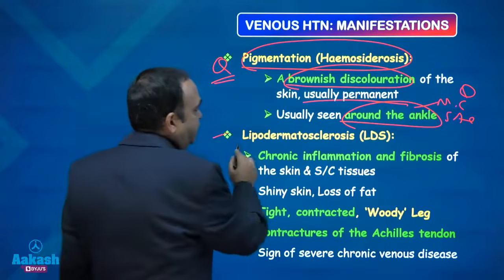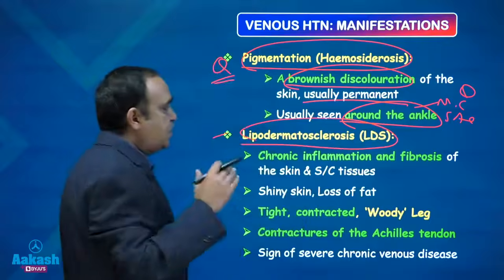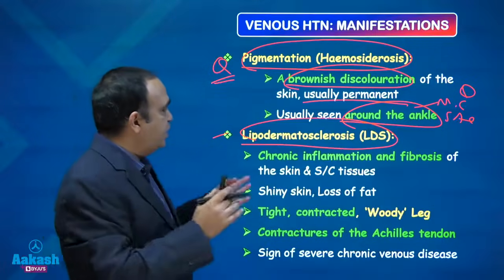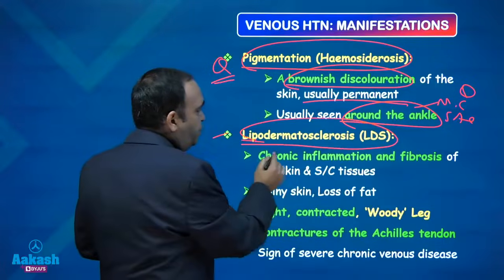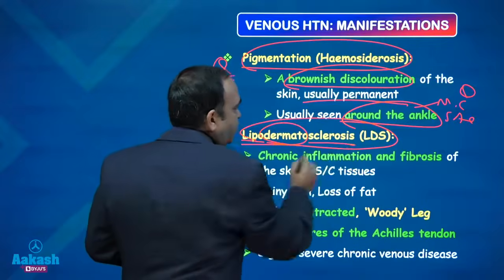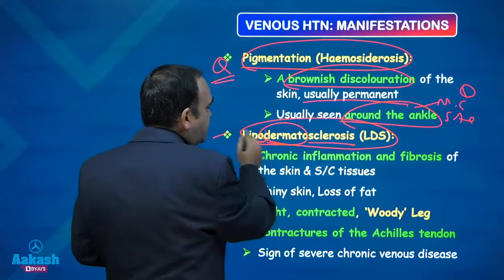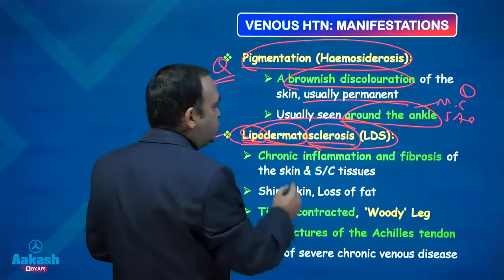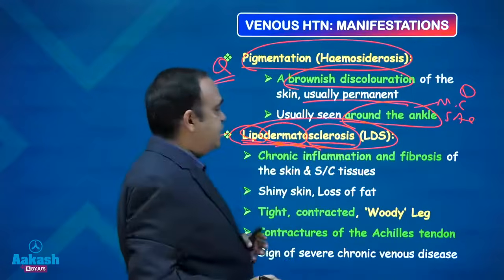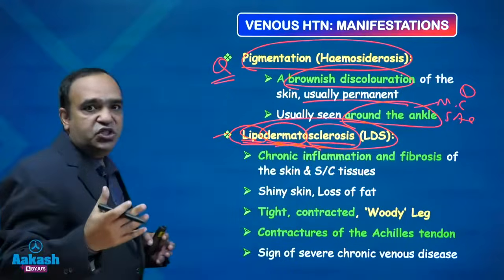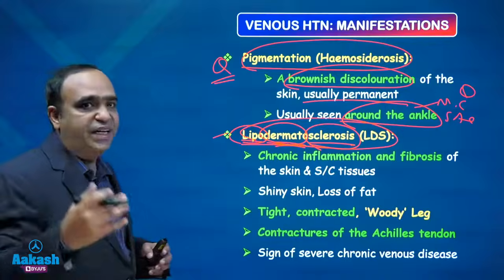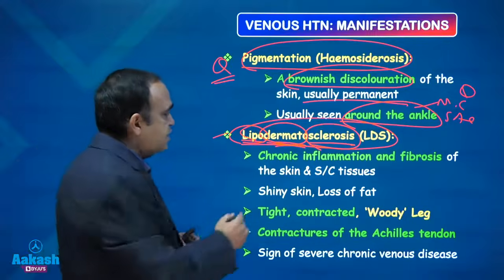Then other manifestation, lipodermatosclerosis. Lipodermatosclerosis, break the term: lipo fat, dermato sclerosis. Sclerosis means fibrosis, fat deposition, fibrosis of the skin or subcutaneous tissue. This is the advanced change of long-standing chronic venous insufficiency.